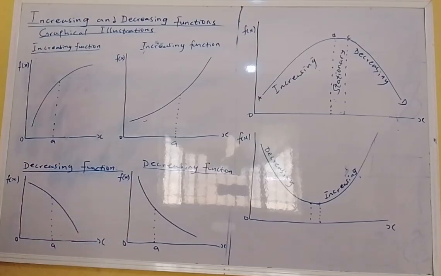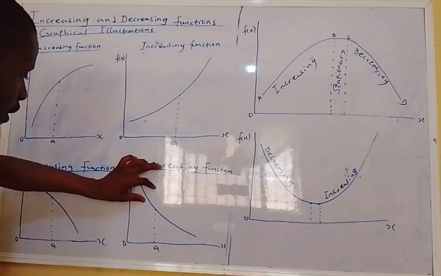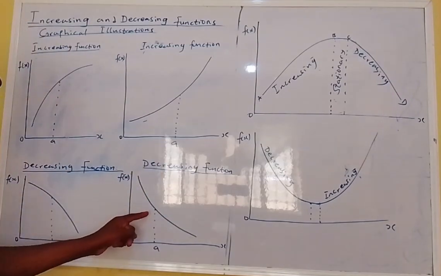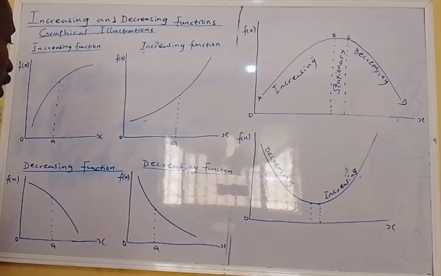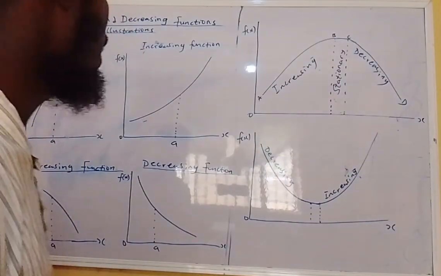Also, look at another version of a decreasing function. At this point A, if I move from the left to the right, we see that this graph is falling, so this shows that this graph is a decreasing function. Now let's draw this together.